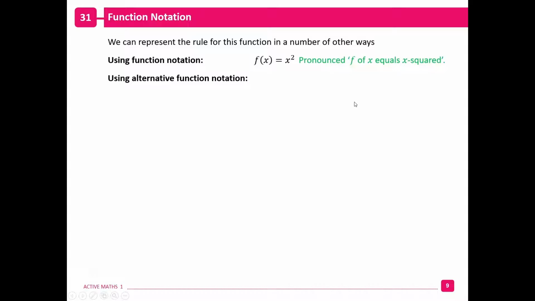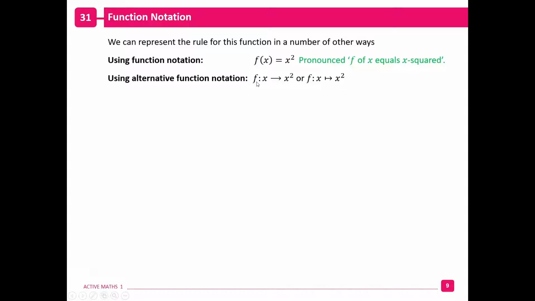Now, alternatively, another way to notate the same function could be, instead of having a bracket around the x, we have a colon in between the f and the x. And instead of an equal sign, we have an arrow to show that the function has the rule of this.